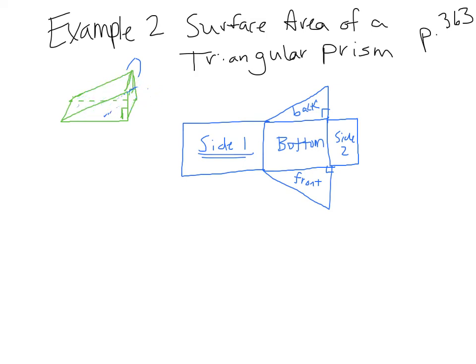On the original one that they drew in the book, they gave us the dimensions on there. The dimensions were 12 centimeters. That would represent this line. They gave us this line right here, which was 8 centimeters. And then they gave us, let me change my colors here, this line right here, and they told us it was 5 centimeters.